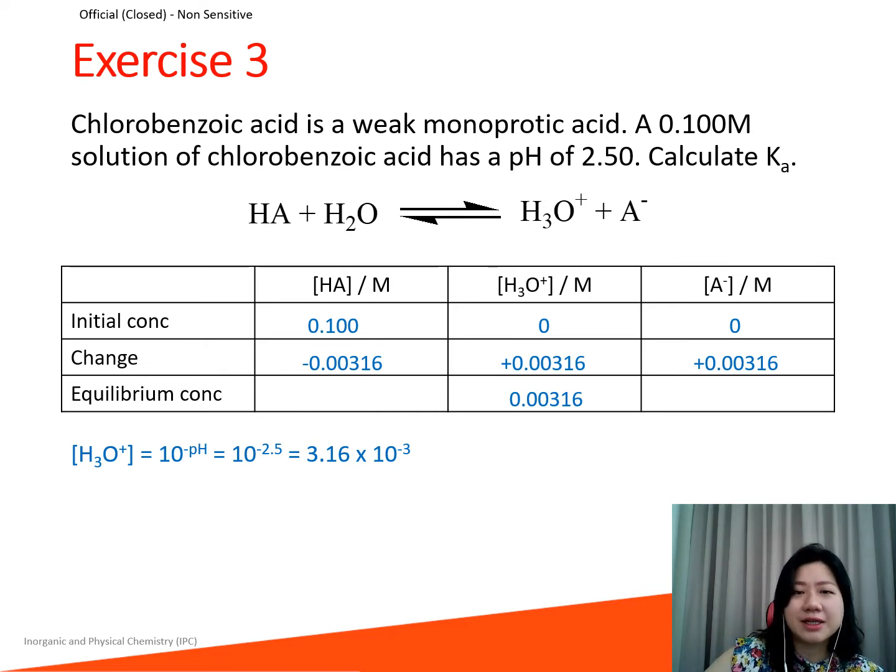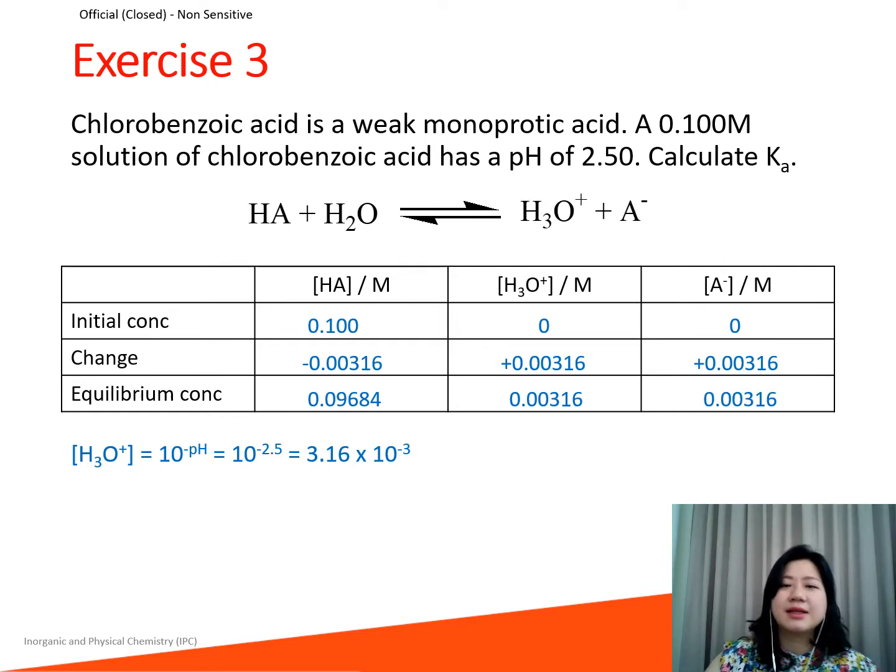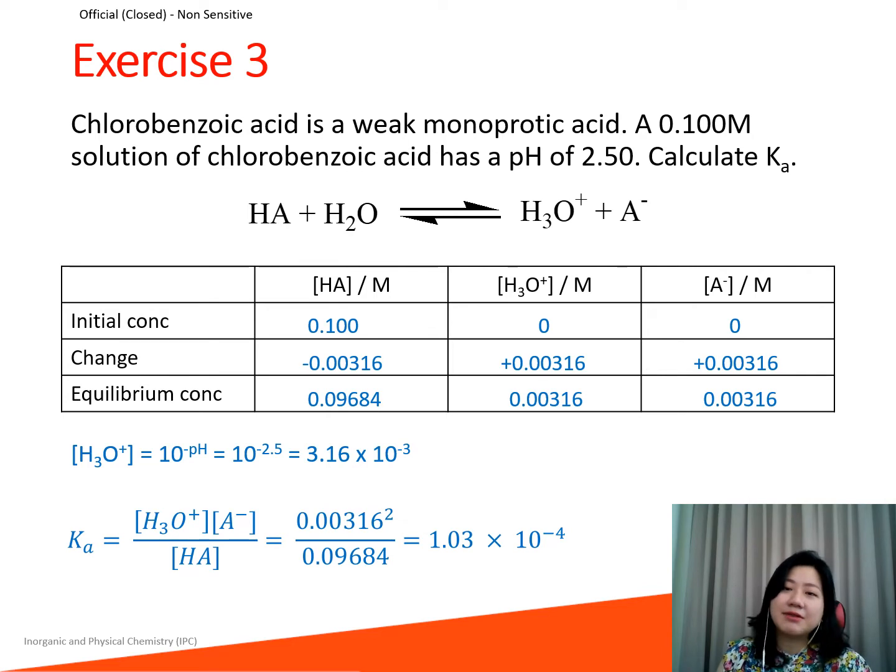Finally, we can calculate the equilibrium concentrations of HA and A-. Now that we have a complete set of equilibrium concentrations, we can calculate the Ka of chlorobenzoic acid. Sub the values into the equation to calculate Ka, and you should get 1.03 times 10 to the power of negative 4.